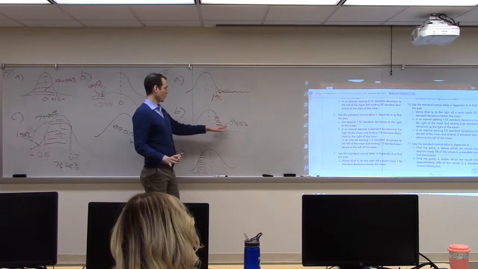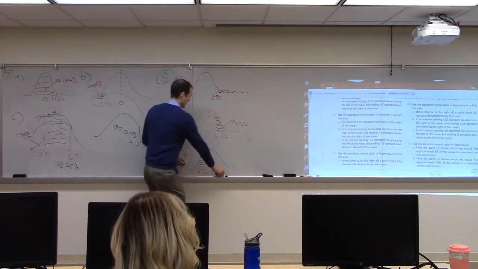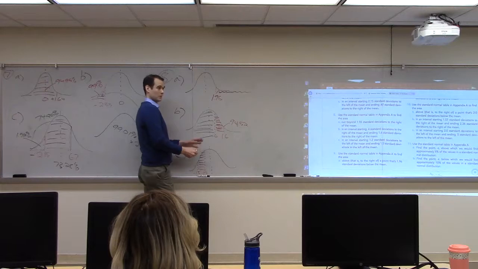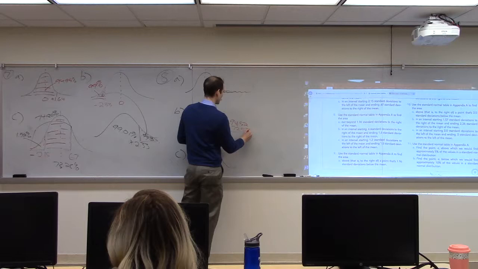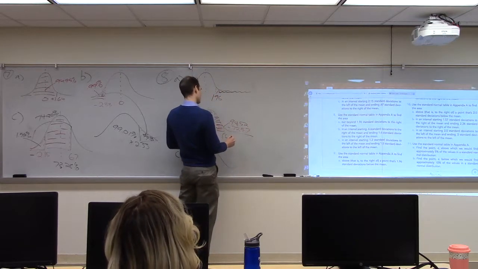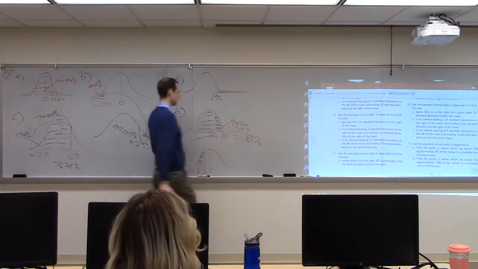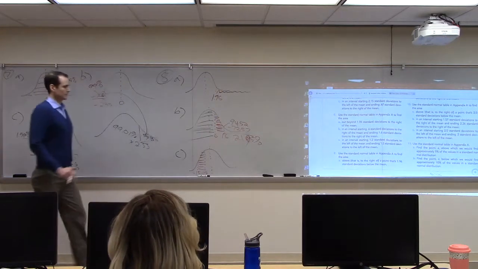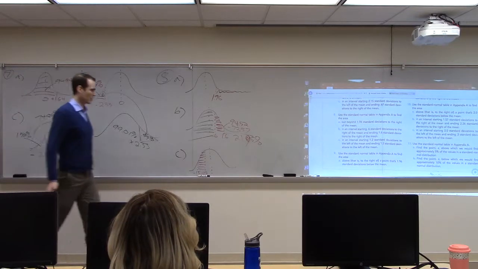We need to subtract off this guy right here, and that's the 72.57. 94.52 minus 72.57 gives us 21.95%. Right on.